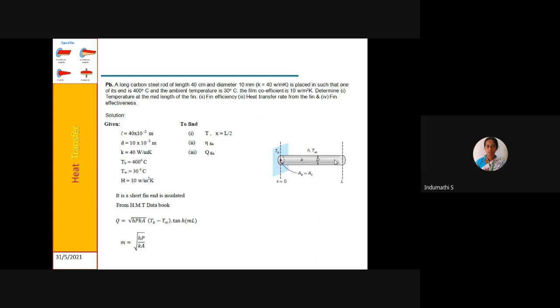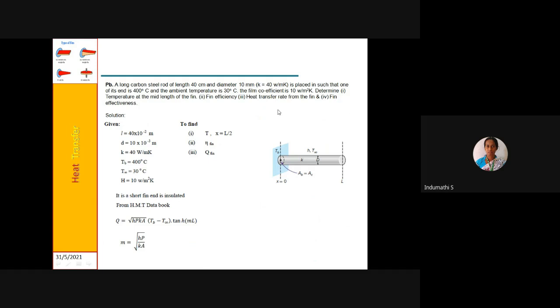Determine the temperature at the middle of the fin, efficiency, heat transfer rate from the fin, and effectiveness. First of all, while solving this problem, identify the type of fin and its boundary conditions. As per the boundary conditions, you have to select the appropriate heat transfer relations from the data book.